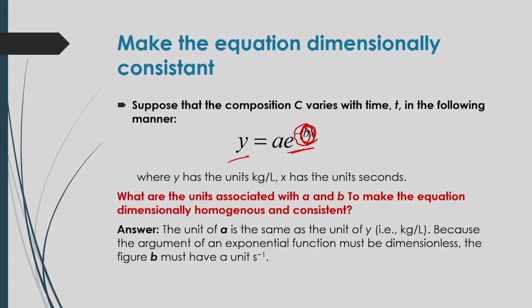You have to make the unit of a the same as the unit of y, that is kg per liter, and also you know that an exponential function must be dimensionless. So, b must have a unit of 1 by second or second inverse. In this way you have to make the equation dimensionally consistent on both sides.